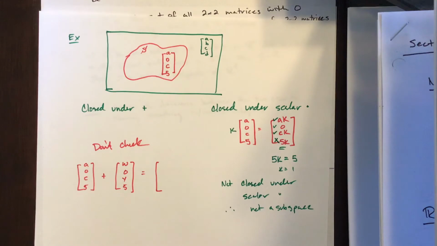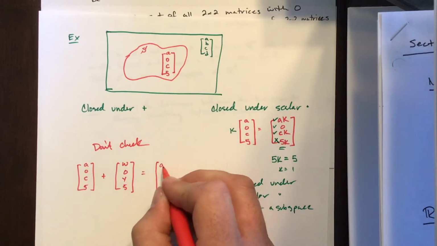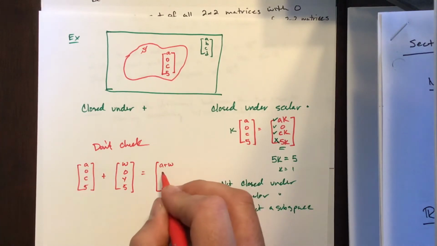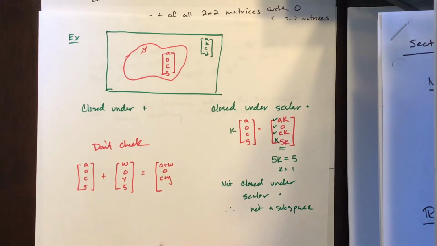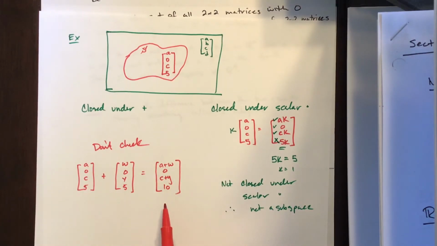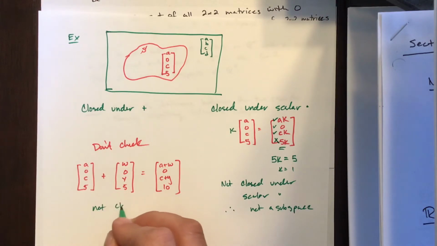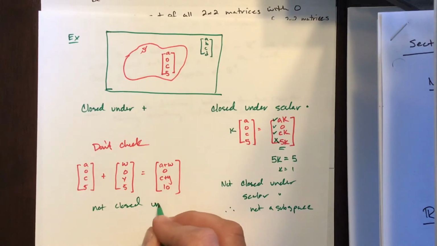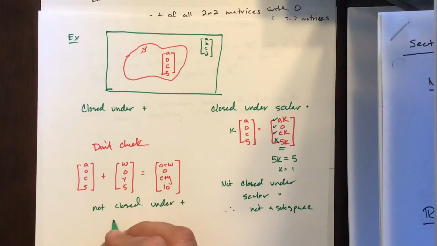What do you get when you add A and W together? I get A plus W. That's a real number. That's fine. 0 plus 0, that's fine. C plus Y, that's fine. That's a real number. 5 plus 5 is 10. But this fourth element is not 0 or 5, which it needs to be a member of the subset S. So therefore, we have something that is not closed under addition either.